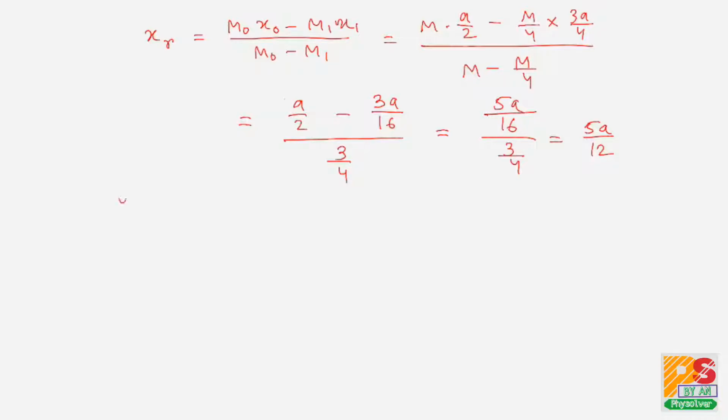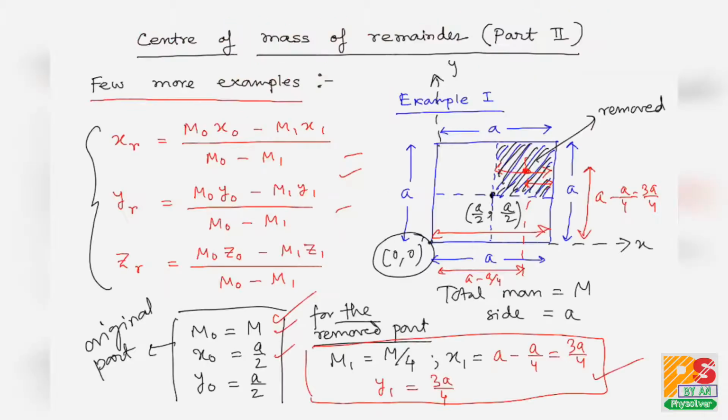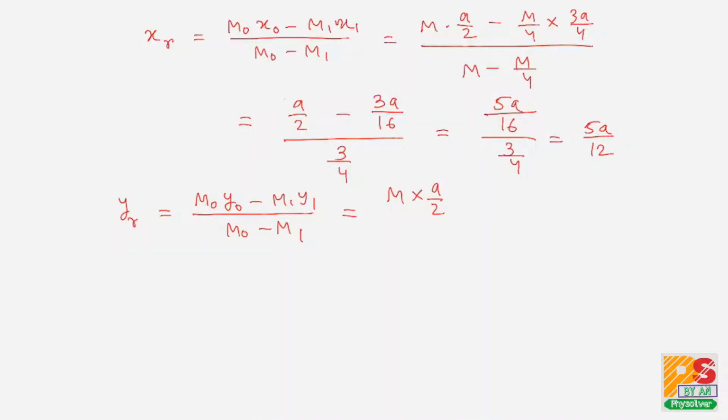And what about the y coordinate? The y coordinate is the same: m naught y naught minus m1 y1 divided by m naught minus m1, which is again the same. As you see, x naught and y naught are the same, x1 and y1 are the same. So we don't actually have to calculate it.